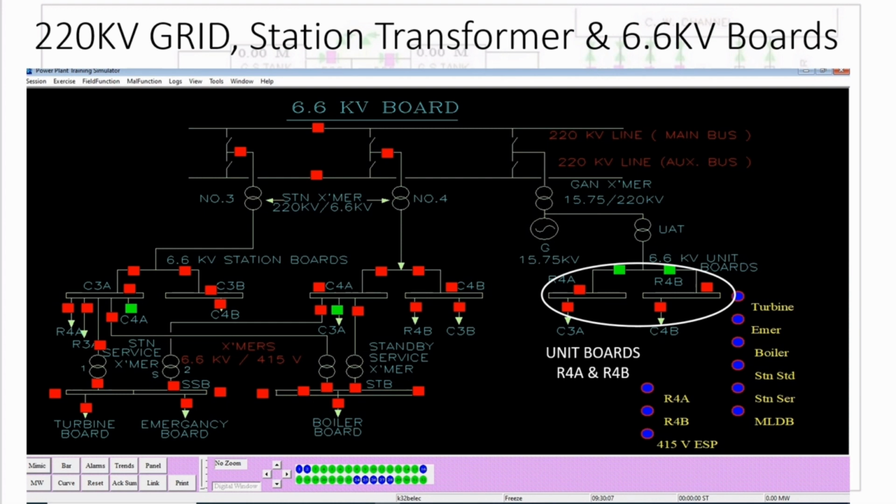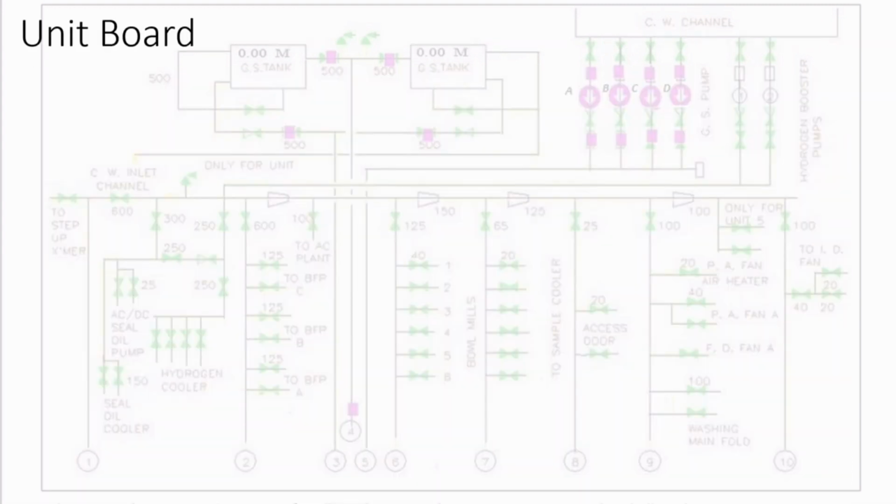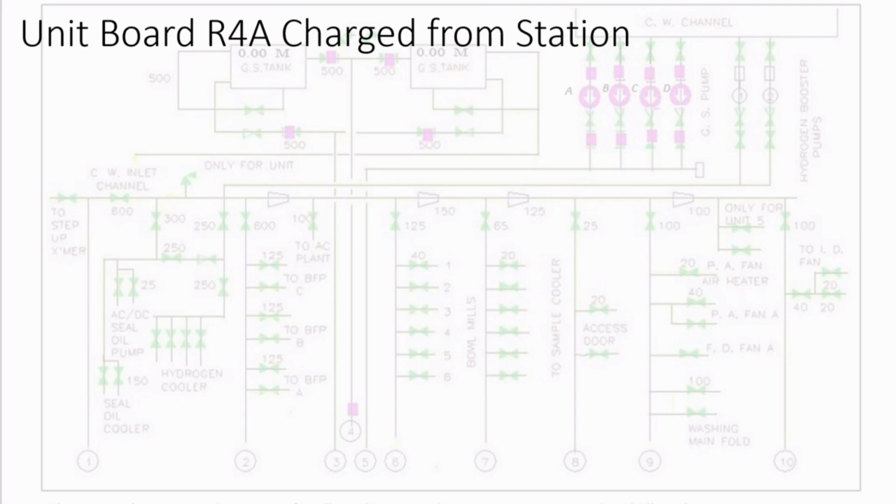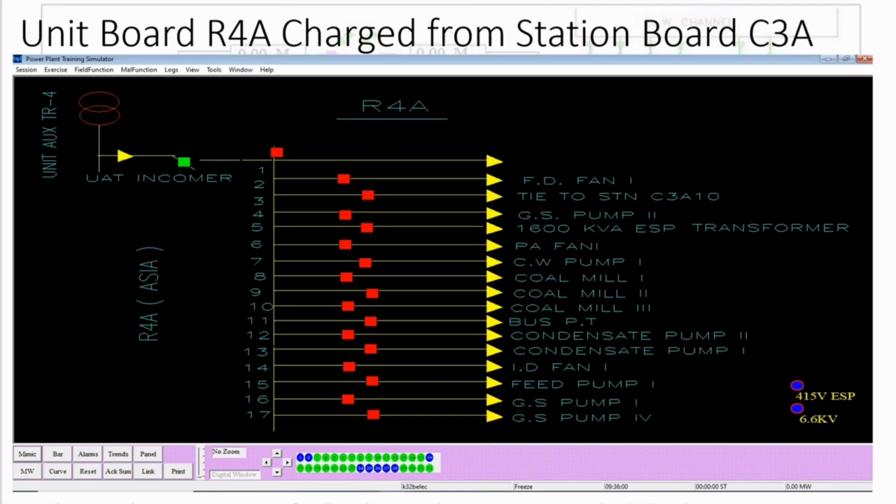There is a 6.6 kV bus, and if you go to the mimic, you will see that all these boards are charged. The unit board R4A is charged from station board C3A, and R4A has a lot of auxiliaries named on it, and the breakers are in ready position so that we can switch them on anytime from the control room.